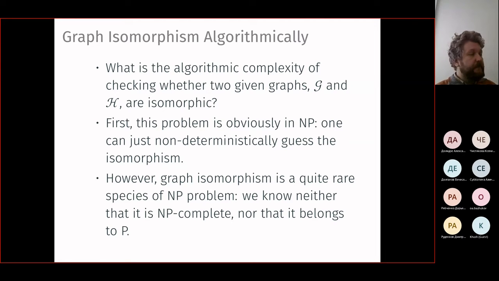So we know the usual thing which people think about the NP class, that there are easy problems which are in NP and relatively easy, and hard problems which are NP complete. This is an example of a problem for which we know neither. So it's something in between. It could be NP complete. It could be P. And in the case that P is not equal to NP, it could also be strictly in between. But nothing is known about that.